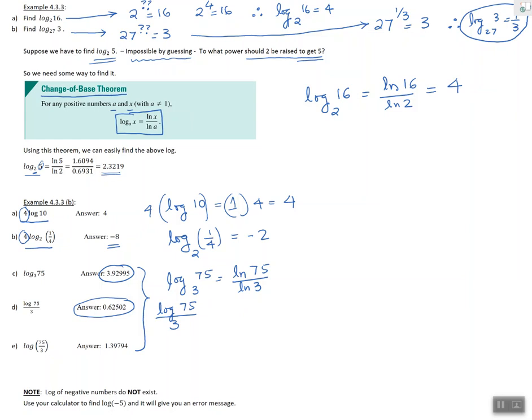And finally, log of 75 over 3. Now this you have to enter in your calculator properly. First you should press the log key and then the parenthesis key, then 75 to be negative.